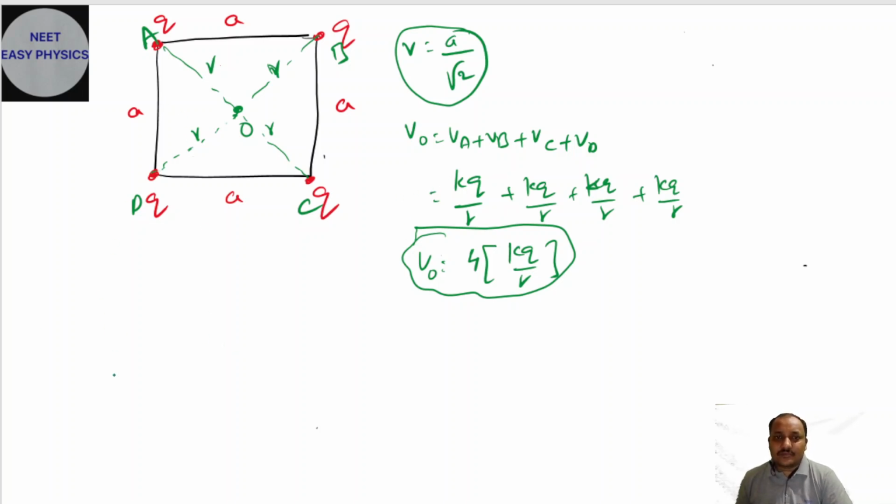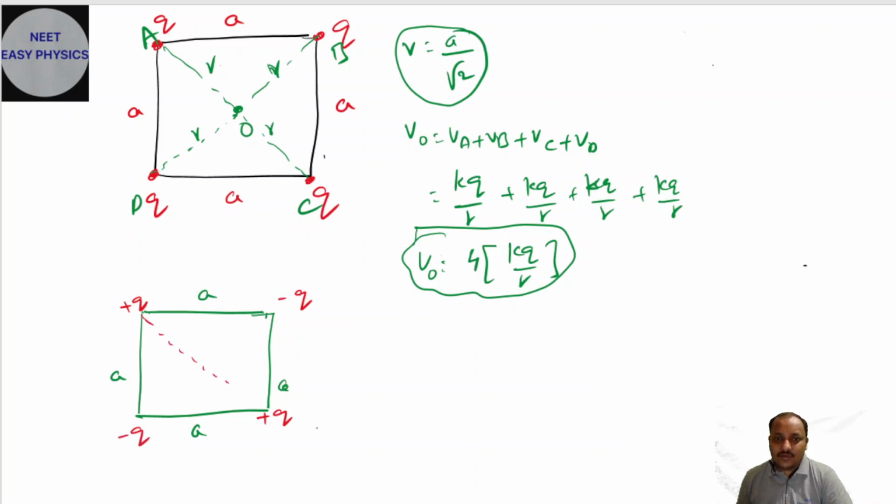Now same question they will ask like this. They will give a square, each side small a. So they have taken 4 charges: positive charge, negative charge, positive charge, negative charge. Now, what is the potential at center?